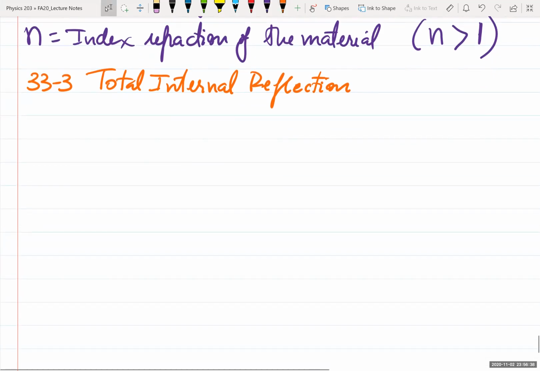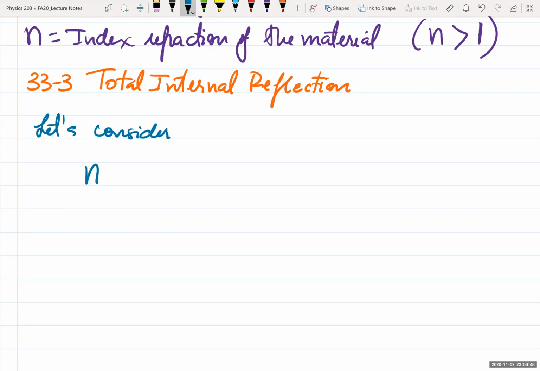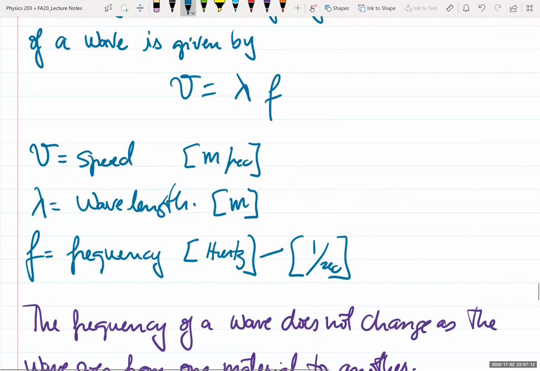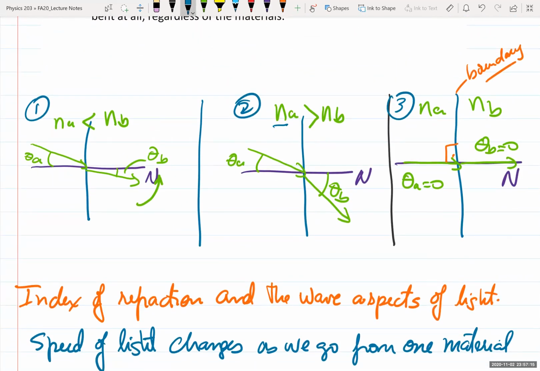Let's consider that n_A is greater than n_B, and therefore theta B will be greater than theta A. Because remember, when we're going from a larger index of refraction to a lower index of refraction, the light bends away from the normal, meaning that theta B is going to be bigger than theta A because you're going away from the normal.